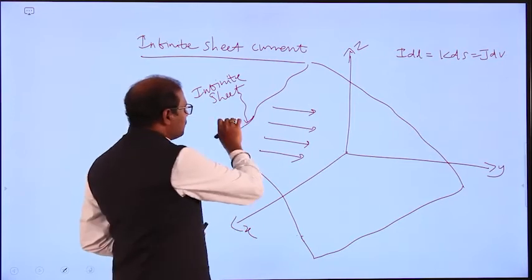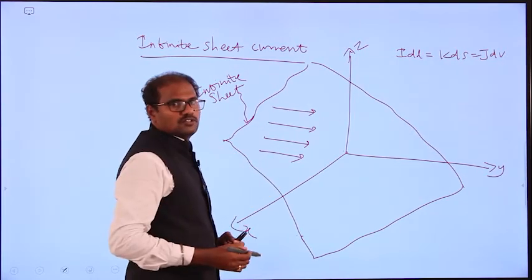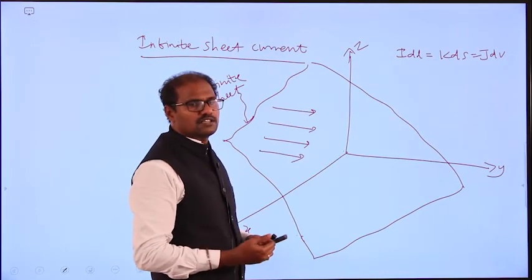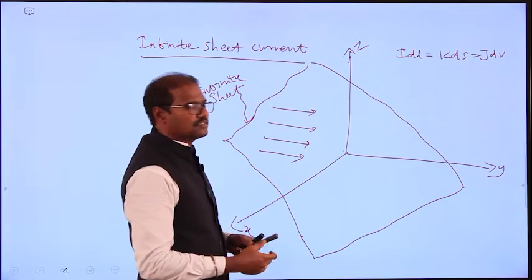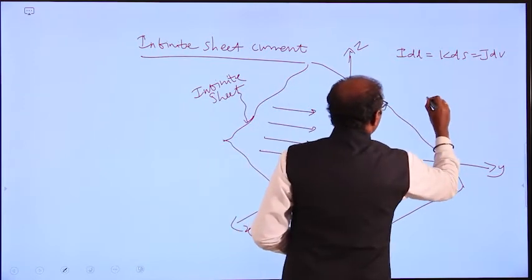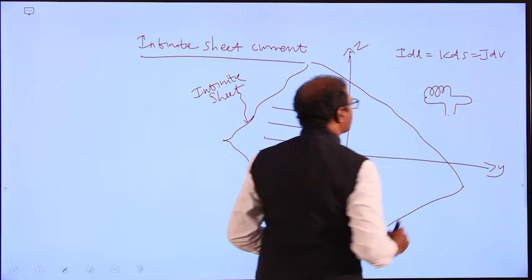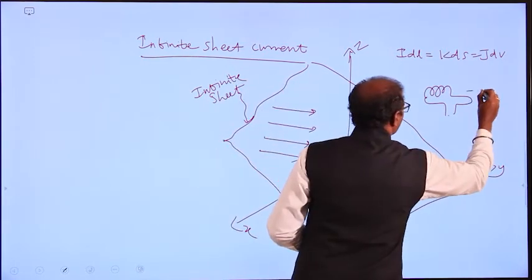The current is moving this side. Here we apply the right hand thumb rule. We keep our thumb like this, and this side is where the current is moving.